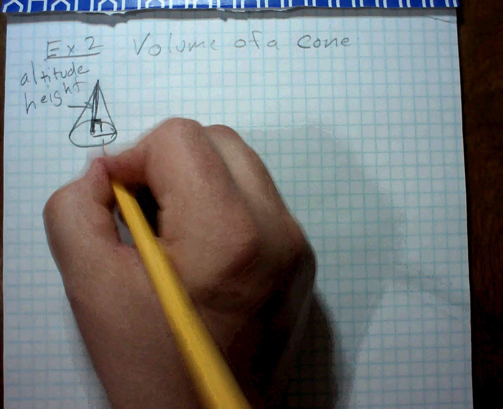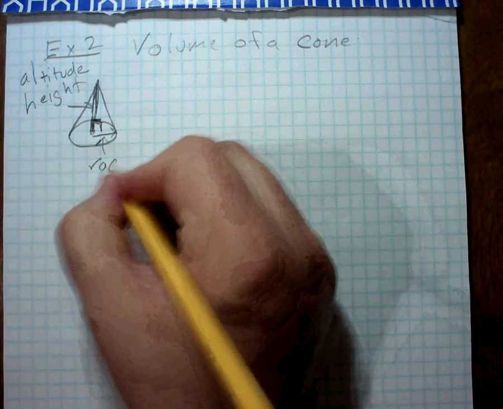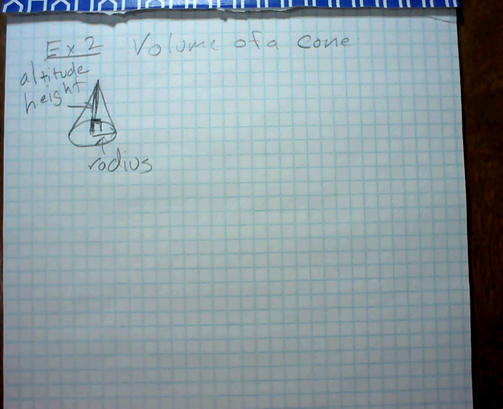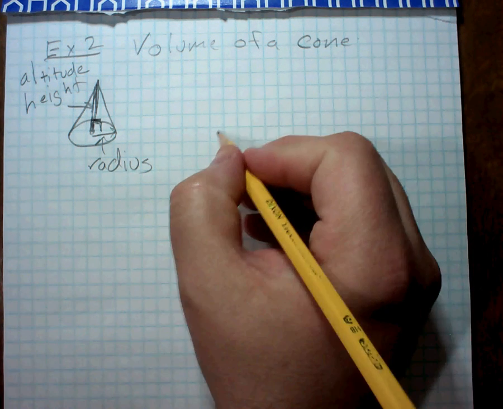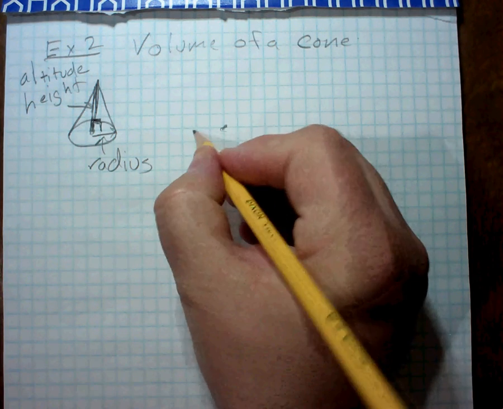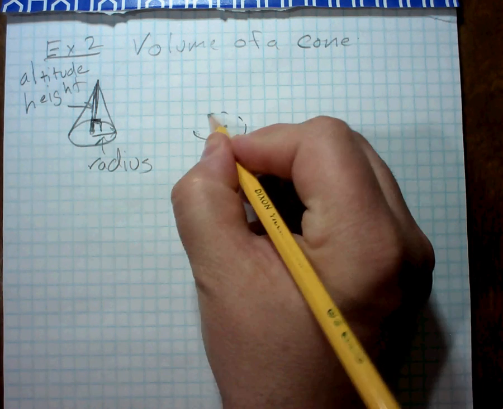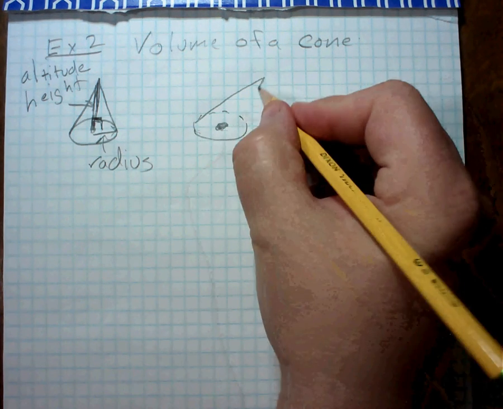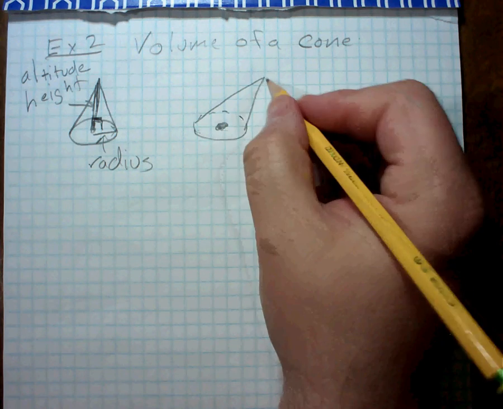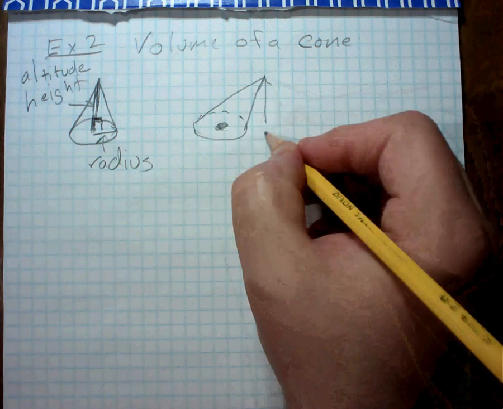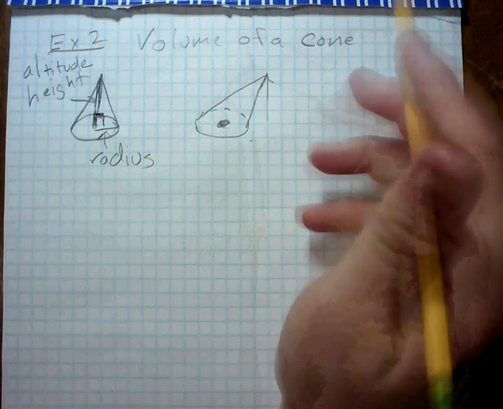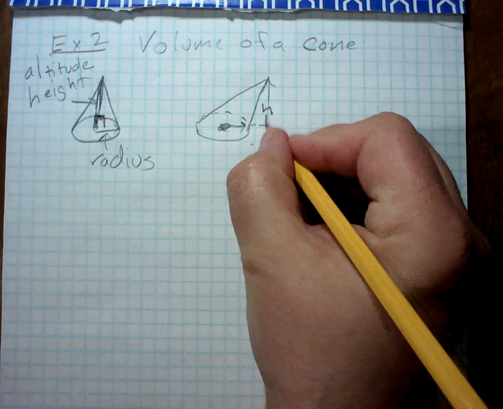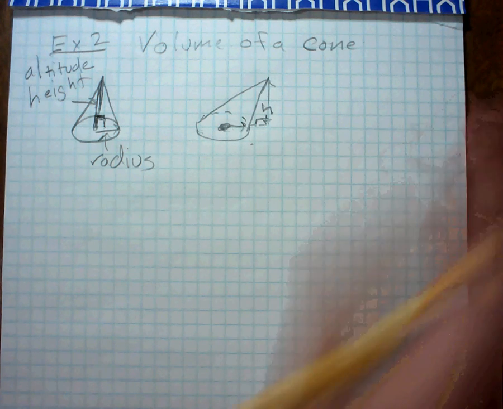And the radius is the same no matter what. And we could do what we call a slanted cone, which is probably confusing, but just like before, when we had a slanted figure, the altitude height forms a 90-degree angle with the base.